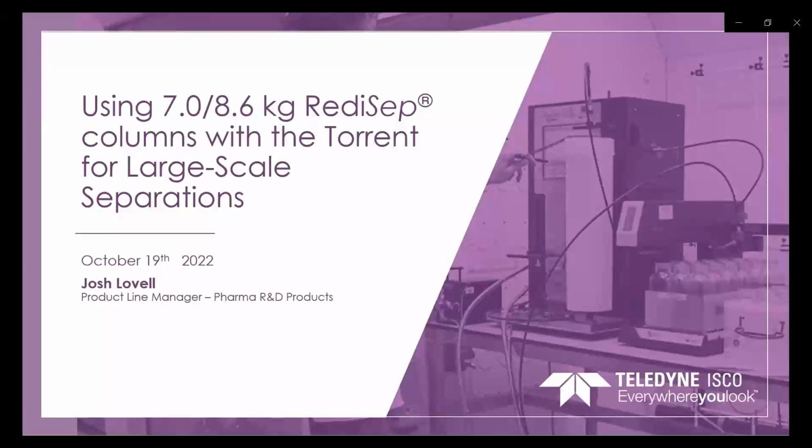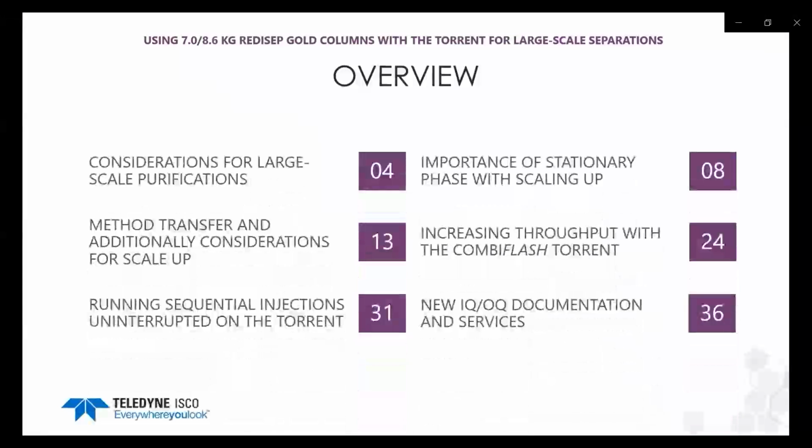This month we'll be discussing using your 7 and 8.6 kilogram RediSep columns with the Torrent for large-scale separations. So an overview of today's talk. First, we're going to discuss some considerations for large-scale purifications. What are our goals? Then we're going to focus on the importance of choosing a stationary phase with scale-up in mind.